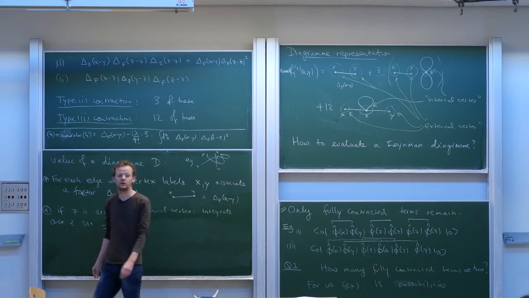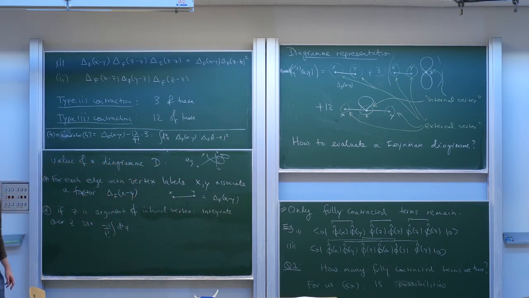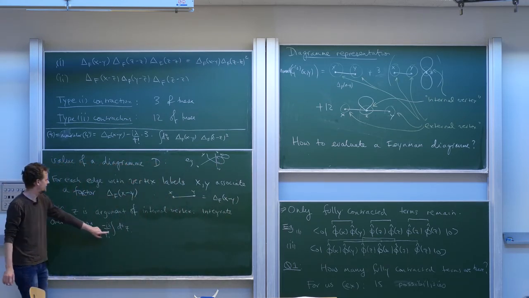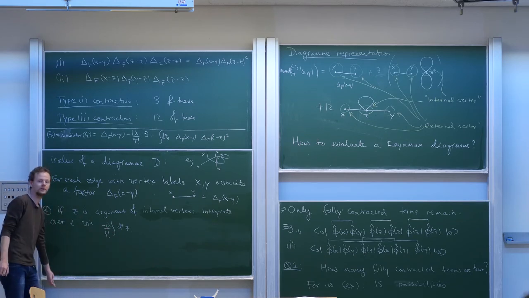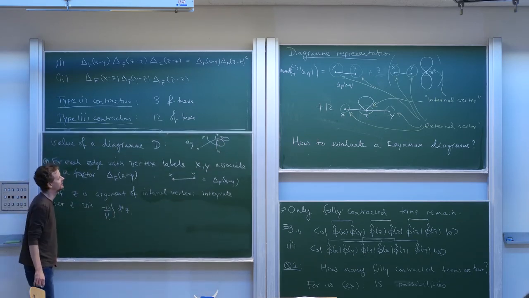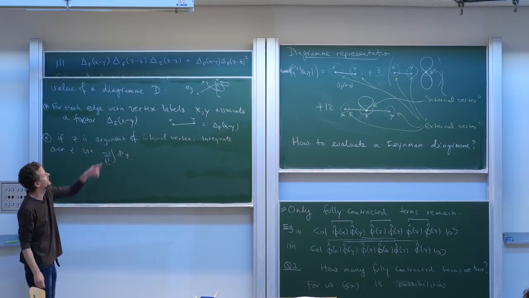For every edge, you write down a factor of delta f x minus y, and for every internal vertex, you associate an integral over the argument. And let's do this quite complicated example I have up there.